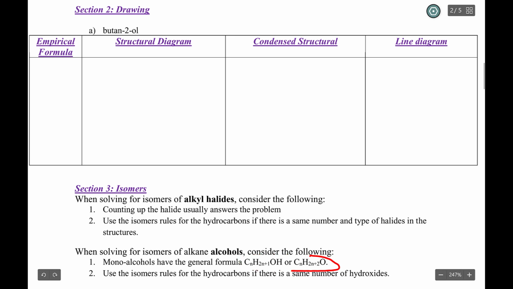CnH2n+1OH, so a traditional way it looks, or you can write it without it being the OH together, in which case it'd be CnH2n+2O. So it's basically like an alkane plus an oxygen, and the reason for that is the O has an H attached to it. So for instance, I could say this is CnH2n+1OH.